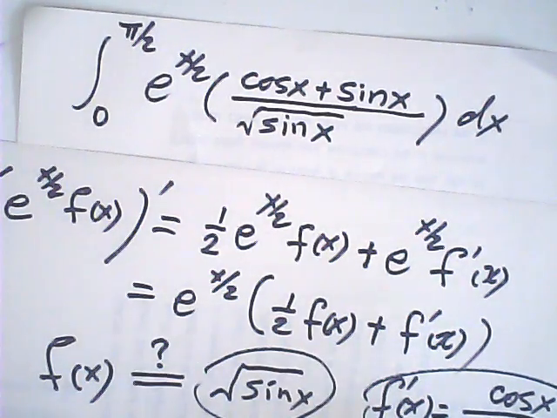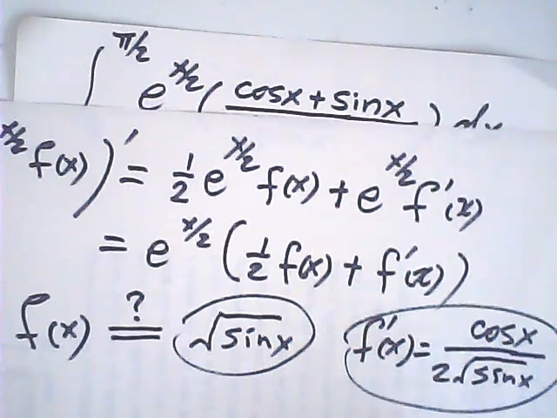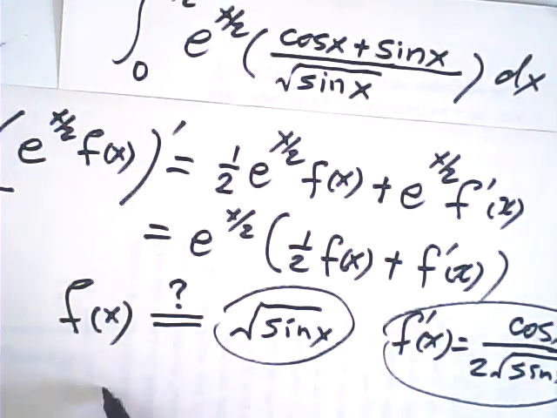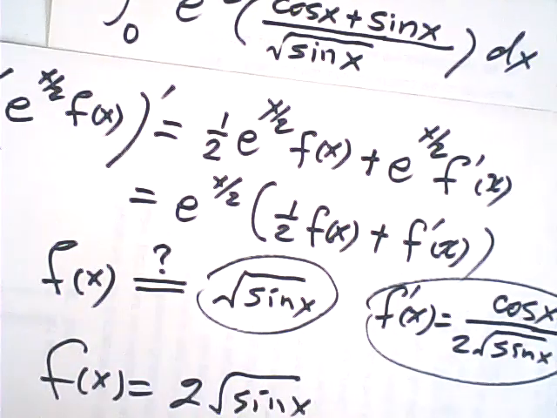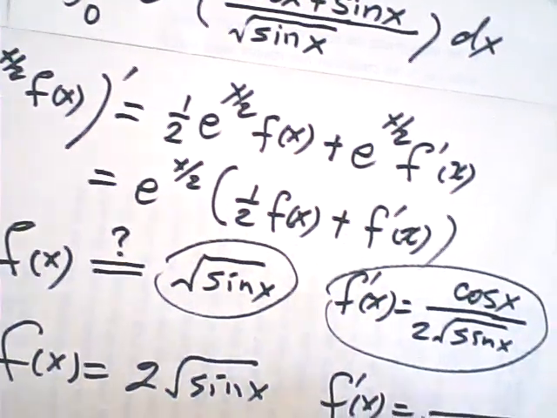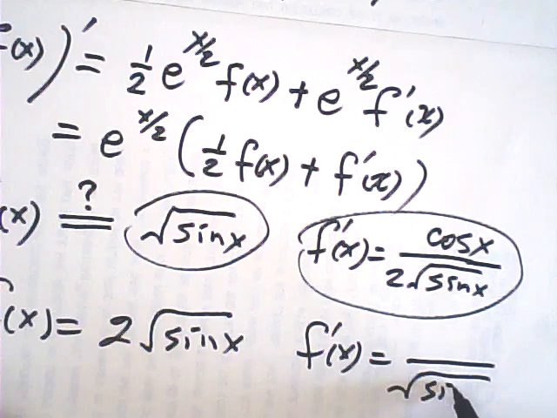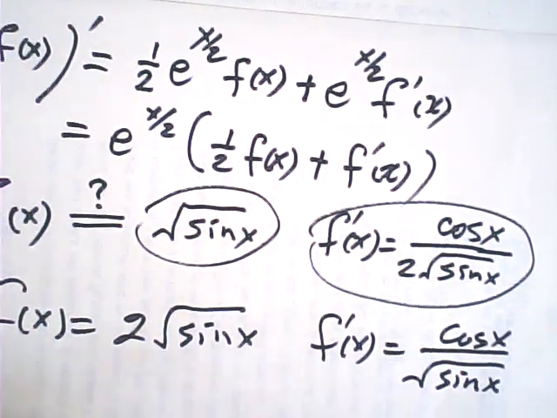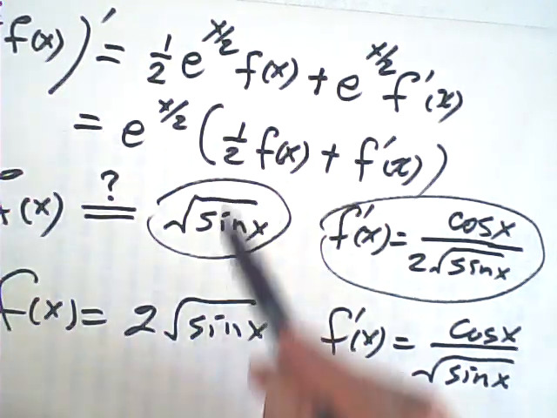I don't have a 2 here. So in other words, let me make an adjustment for f of x equal to 2 square root sine x. Then f prime will be equal to square root sine x cosine x. Wow, that is exactly what I have.